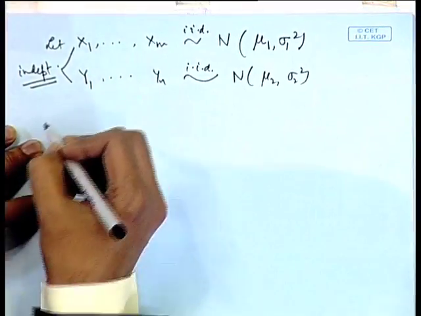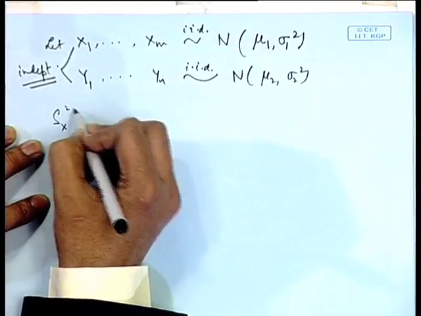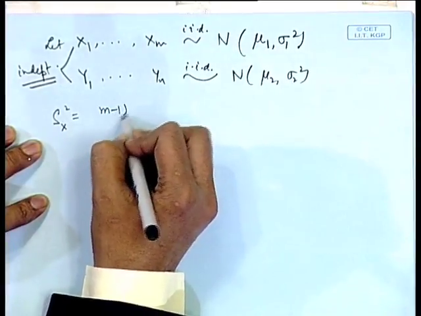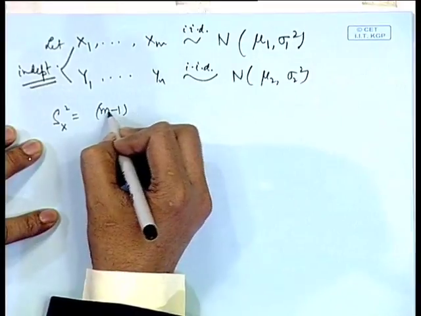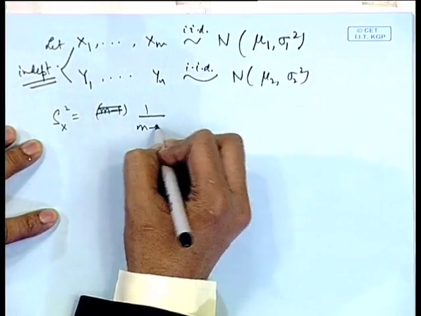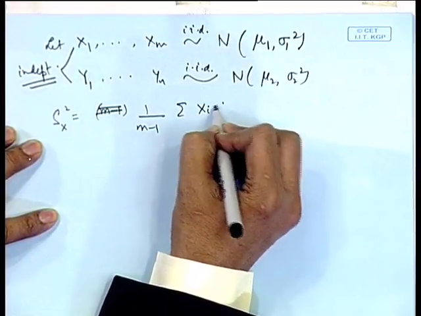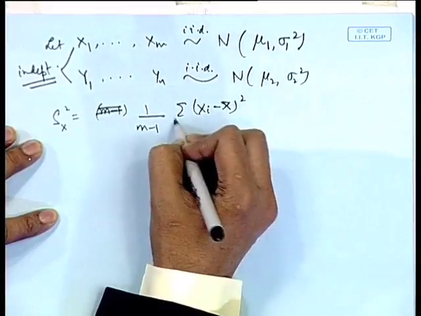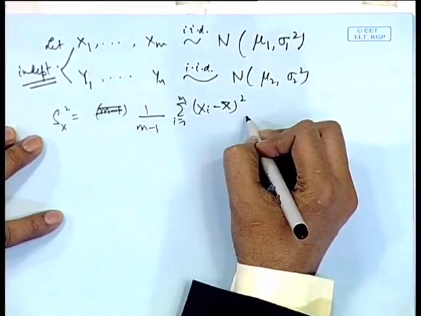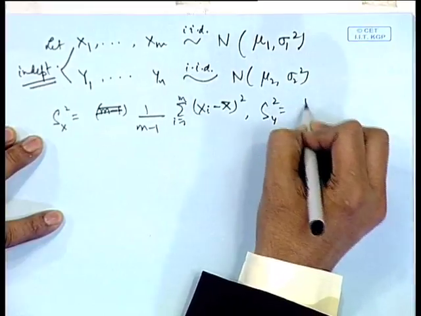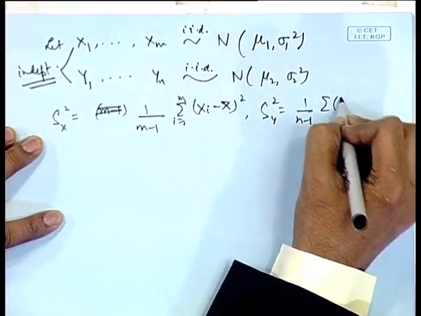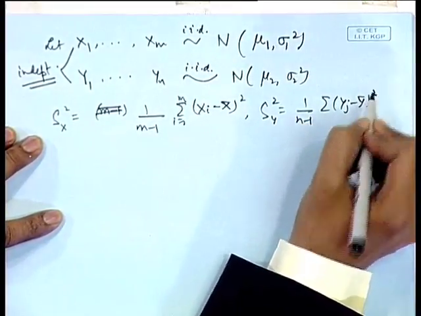Let us define the quantities, say S x square as 1 by m minus 1 sigma x i minus x bar square, i is equal to 1 to m, and say S y square as 1 by n minus 1 sigma y j minus y bar square.